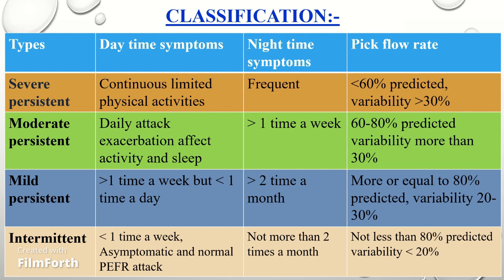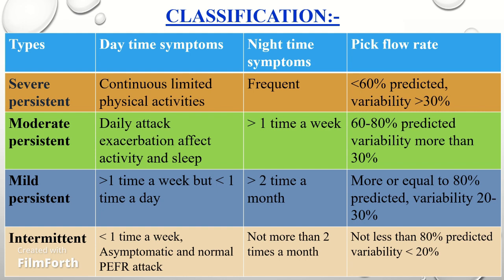In the severe persistent, there will be continuous limited physical activity in the daytime, and at night the symptoms will be frequent, and its peak flow rate will be less than 60% predicted, as well as variability will be more than 30%.